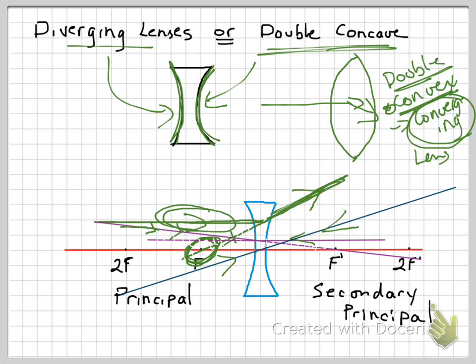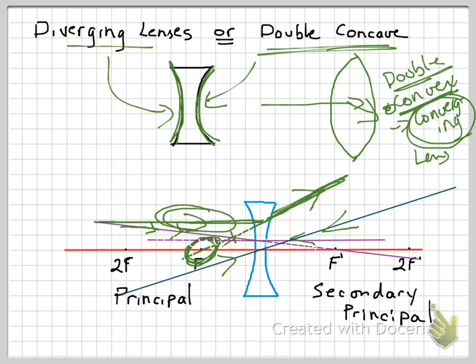One incident ray starts off parallel and then gets refracted in such a way that it would extend back to the focal point on the primary principal side, or the side where the object is. The other incident ray goes through the lens, gets refracted so it runs parallel to the secondary principal, and then that parallel line gets extended back on the object side as a virtual image.